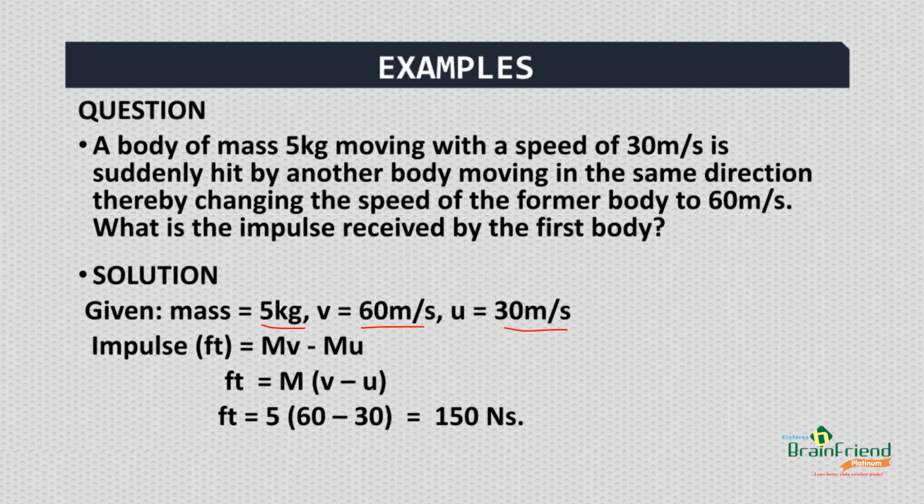Using the formula impulse Ft, we subtract the mass multiplied by the initial velocity from the mass multiplied by the final velocity. So by simplification, we have mass into final velocity minus initial velocity. Inputting the figures, remember our mass is 5 kilograms into final velocity, which is 60 meters per second, minus initial velocity, which is 30 meters per second. Our answer is 150 Newton seconds.